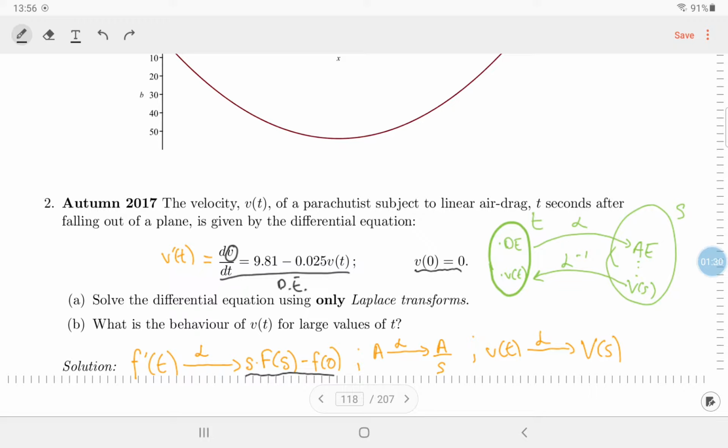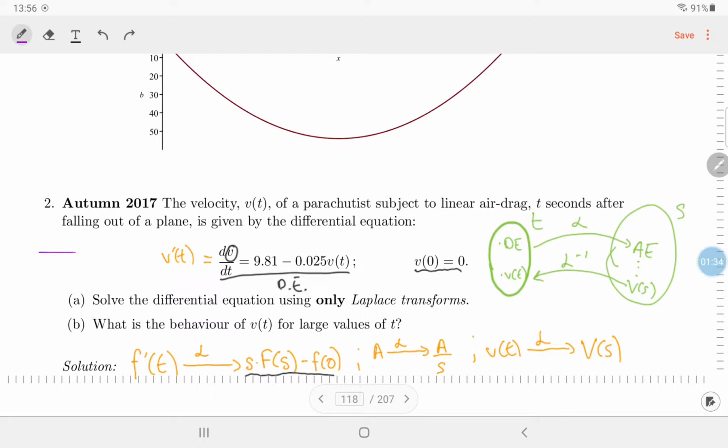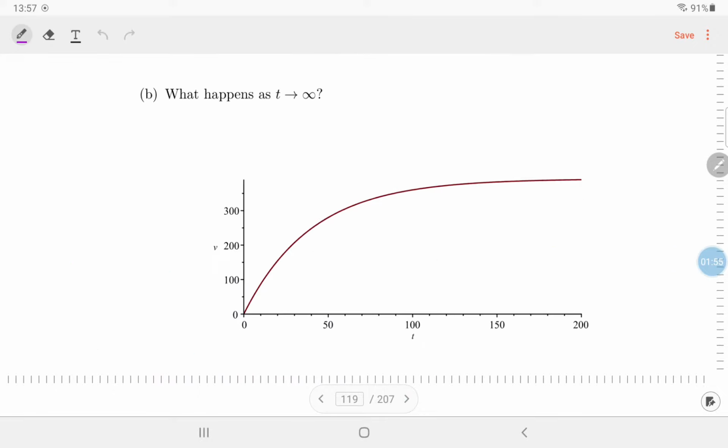The role of f is played here by v, so rather than big F, it'll be big V, and rather than little f, it'll be little v. Then we're looking at the constant 9.81, which uses the middle rule: a constant gets sent to the constant over s. And from the green picture, little v of t is sent to big V of s.